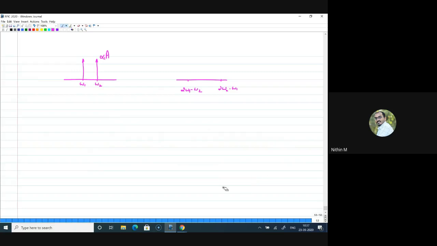So at the input of the second stage, I have the components directly at omega 1 and omega 2 with amplitude alpha 1 a, and also I have components available at omega 2 minus omega 1. Omega 2 minus omega 1 is nothing but the second intermodulation term, or the difference frequencies available as a result of mixing.